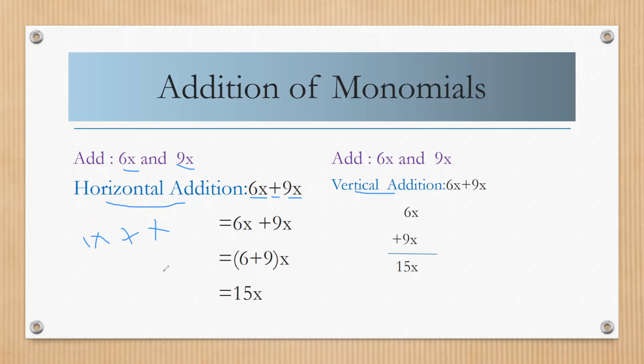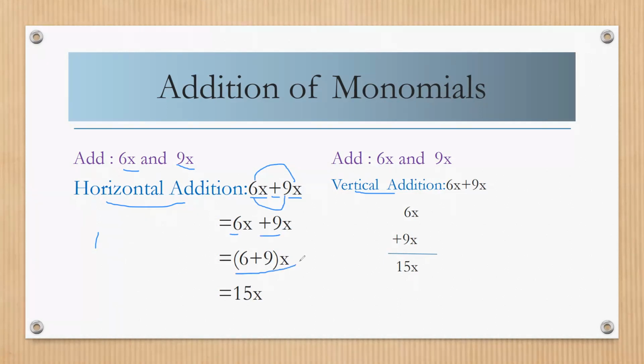So in the same way, students, if in this question, coefficients are already written, what are they called? The number which is written with the variable is called the coefficient. So we have to just add these coefficients. So 6 plus 9.